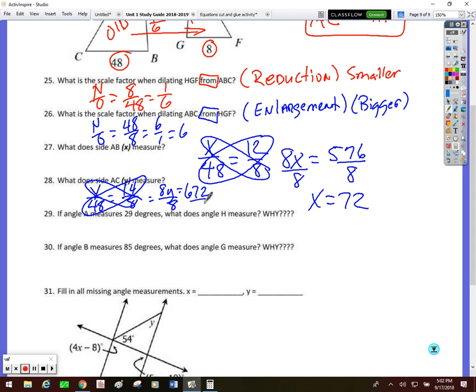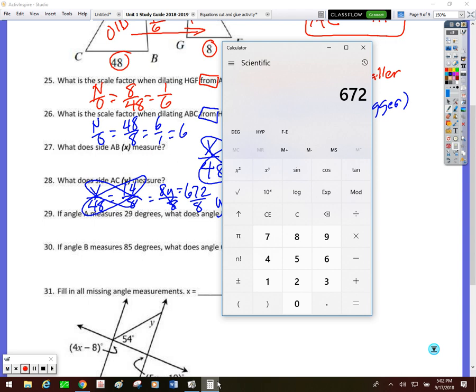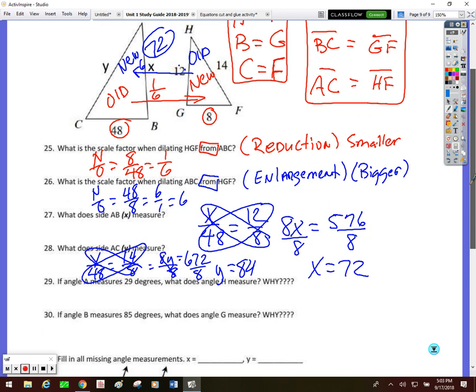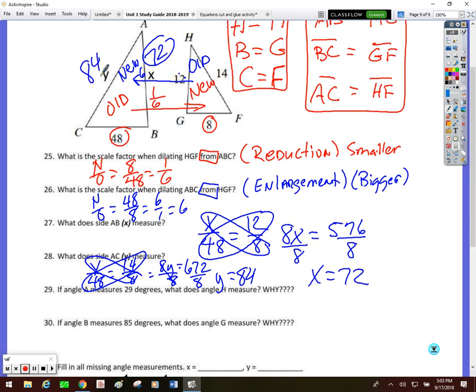Then we're going to divide by 8. y is what? 672 divided by 8 should give me 84. And again, those of you that have figured this out, 14 times 6, which is my scale factor, would give me 84. So there's two ways to do it, whichever one you prefer.